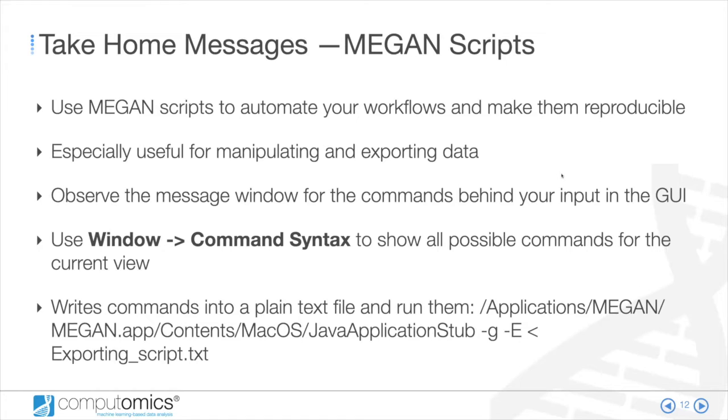This is really useful for manipulating and exploring data, exporting data. In order to do this, you need to observe the message window to get the commands behind your inputs. You can also always highlight the current syntax that's available for your current window. And here, this is the way to execute those scripts on a Mac and run them. I think it's slightly different on Linux.